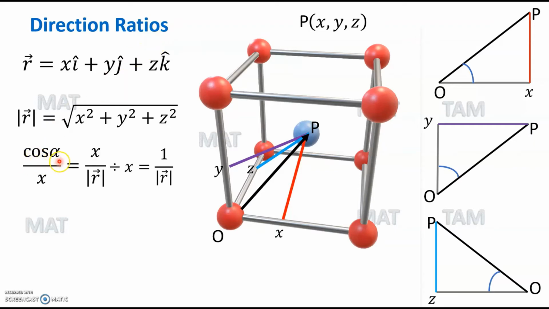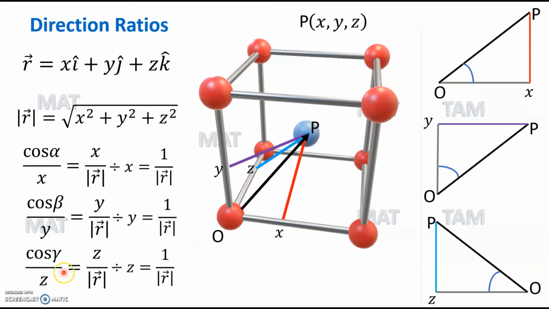We have cos alpha, and we know that cos alpha was X by magnitude of R. If we divide cos alpha by X, then your answer would be 1 by magnitude of R. Similarly, if I divide cos beta by Y, then you would get 1 by magnitude of R. Similarly, cos gamma, if I divide it by Z, again you will get the value 1 by magnitude of R. So these values, x, y, and z, are proportionate to the direction cosines, because when you divide them, you get the same answer here.